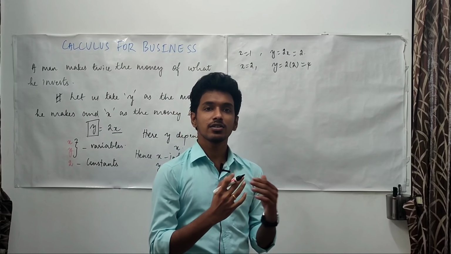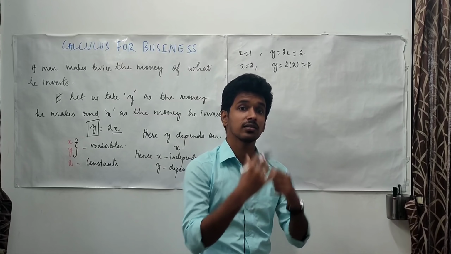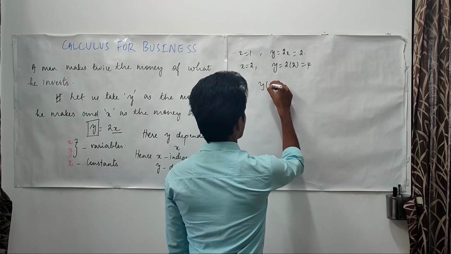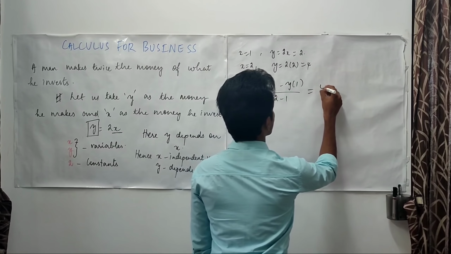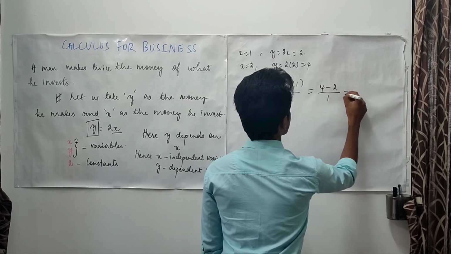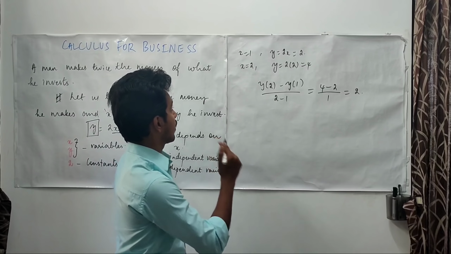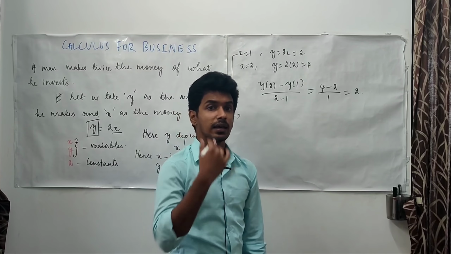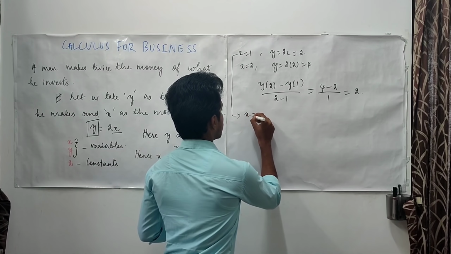What is the ratio of the change in his income? That will be y of 2 minus y of 1 divided by 2 minus 1, which is 4 minus 2 upon 1, which is 2. Suppose from this 1, he has increased 2 units, which means he is investing 3 lakh.